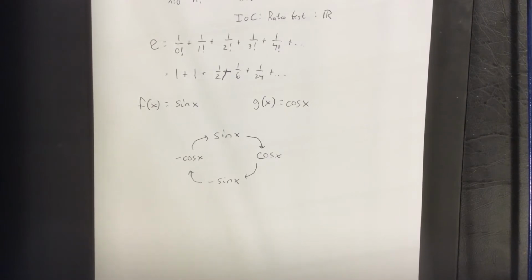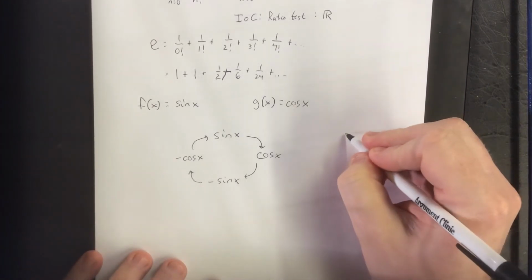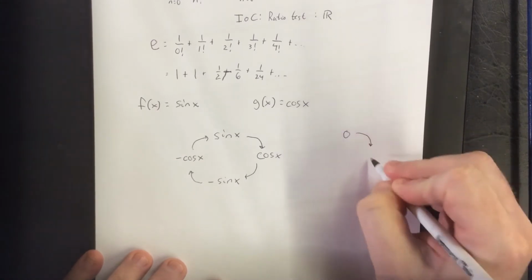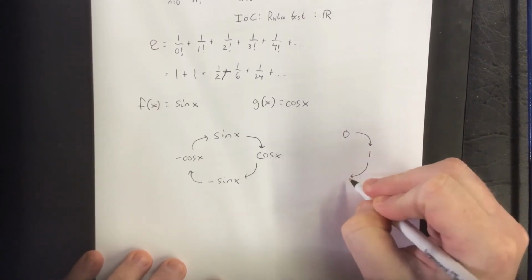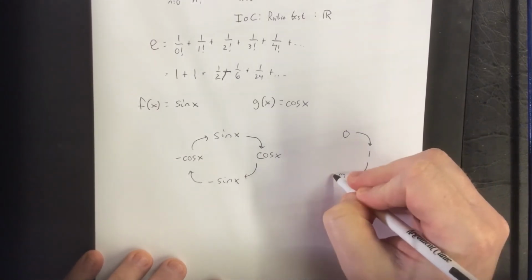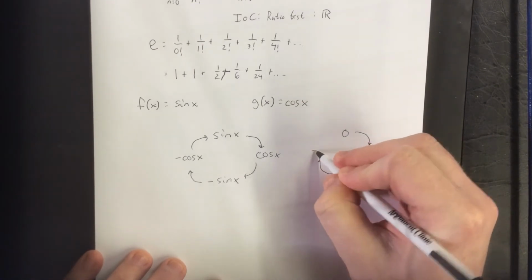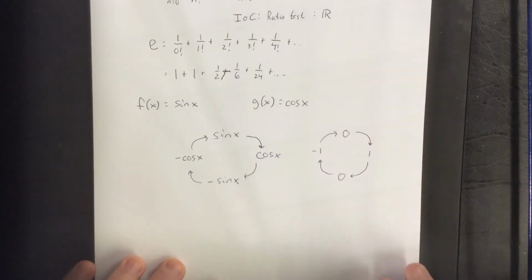Evaluating any of these at 0 is going to give us the following pattern. Sine of x would be 0, cosine of x would be 1, negative sine of 0 would be 0, and the negative cosine of 0 would be negative 1.